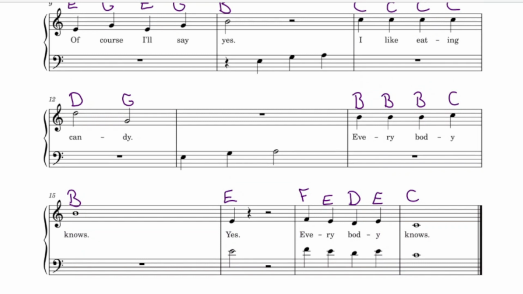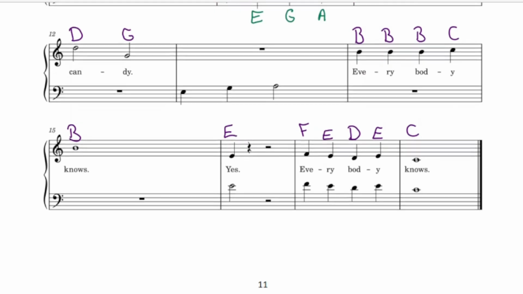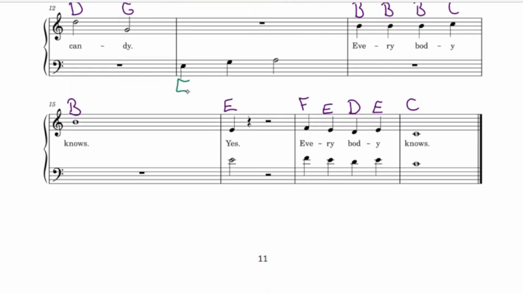Moving along, continuing our left-hand pattern of our interval of 3 and 2, E, G, A, E, G, and an A.